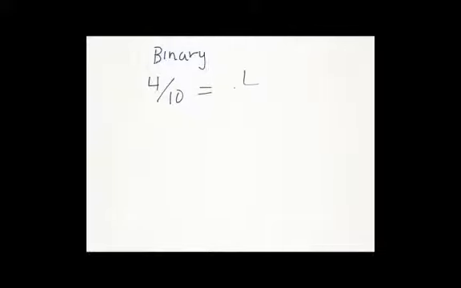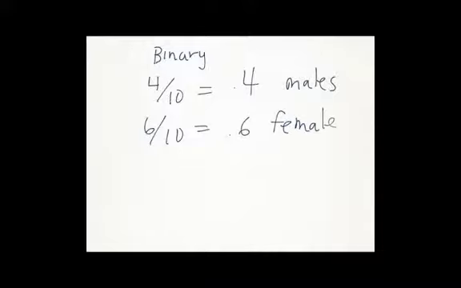That means that 0.4, or 40%, of the sample is male, while 6 out of 10, or 60%, are female. Here's a case where a graph wouldn't really give us much more information than the numerical summary. We have 40% males, 60% females. There's not really that much more to it than that.